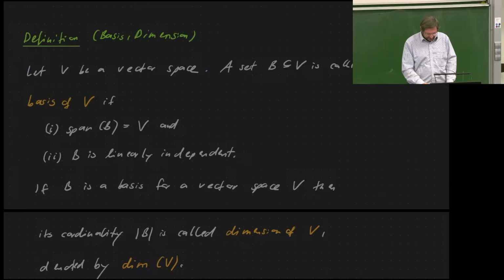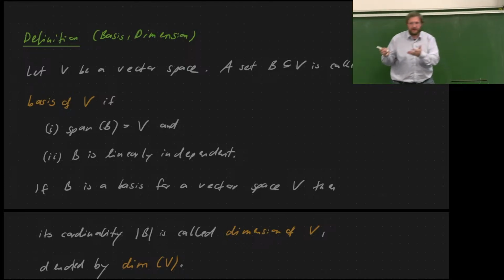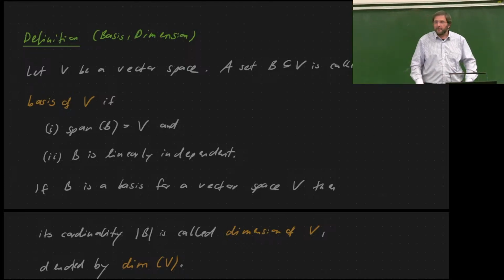So given any vector space V, we'll call a subset B of the vectors a basis if those vectors span the whole space, so they generate V in a way, and if B is irredundant. And irredundant means the set is linearly independent. I can't replace any vector by a combination of the others. Okay, that's what we call a basis.